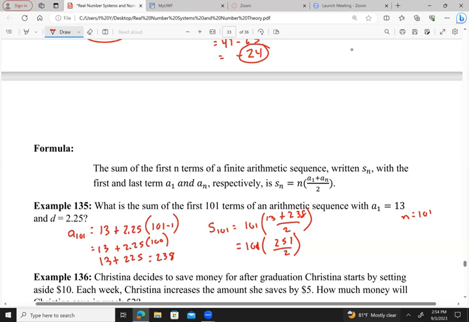So let's look at this again. What is the sum of the first 101 terms of an arithmetic sequence? a1 equals 13. Oh, d is a decimal, so it will work. Always helps to reread the problem. So this becomes 12,675.5.